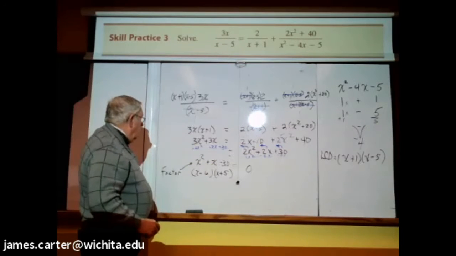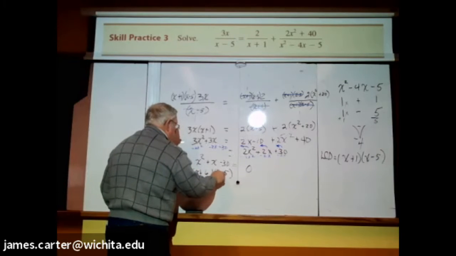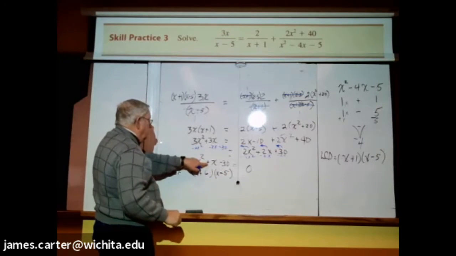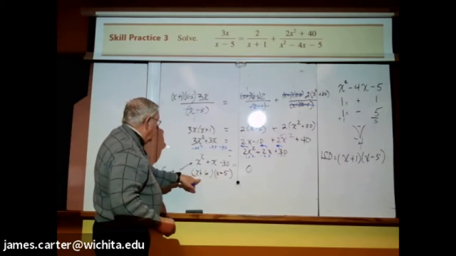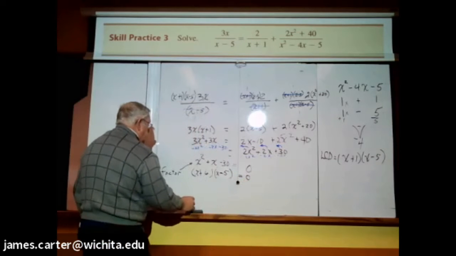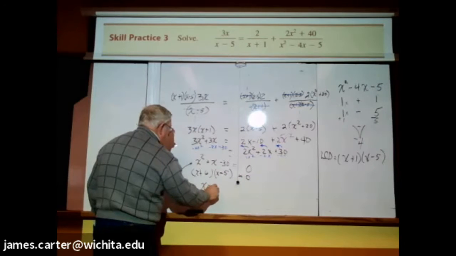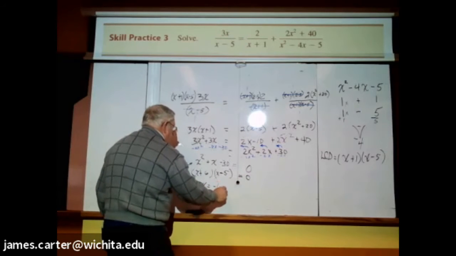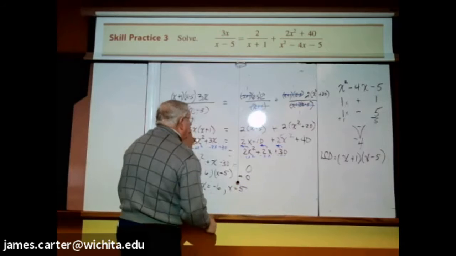Actually, I've got these signs backwards. Sign of the biggest has to be positive. So that's why they're this way. Equals 0. So that gives me solutions of x equals negative 6 and x equals positive 5.